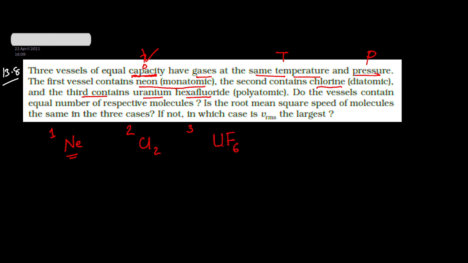So that's a polyatomic. Polyatomic means something that has more than one atom, but typically we use it for 3 or more. Remember, volume same, pressure same, temperature also same for all the 3 vessels.